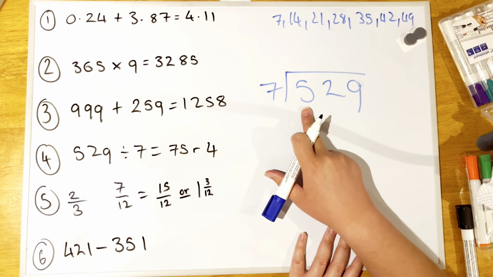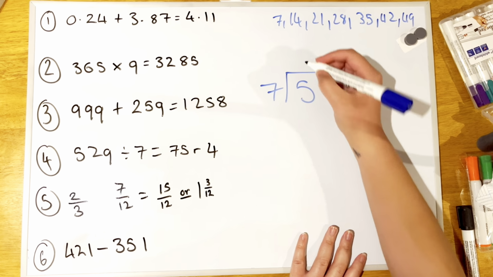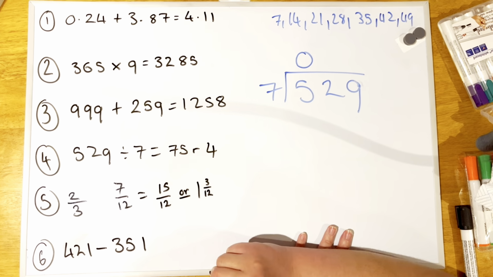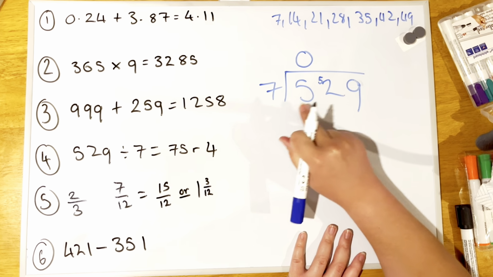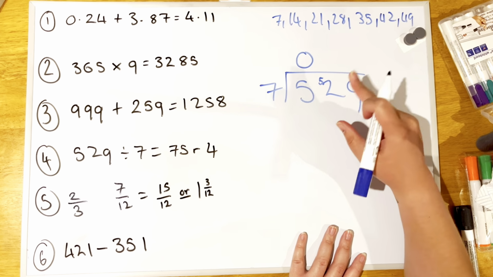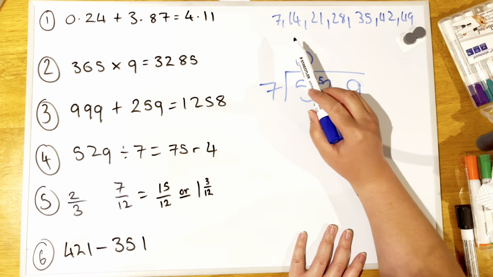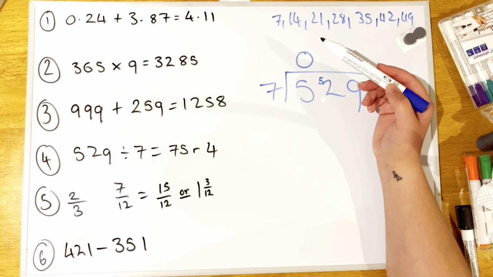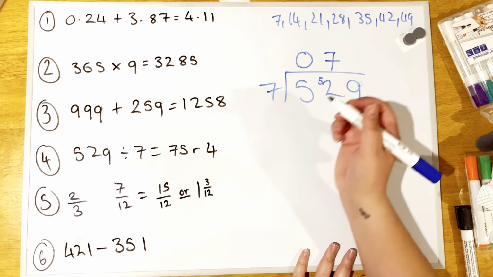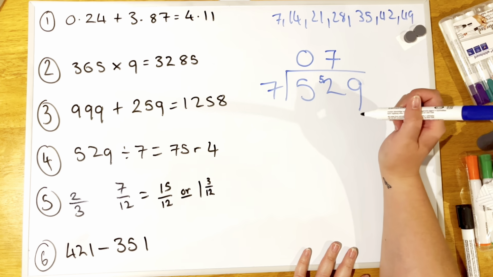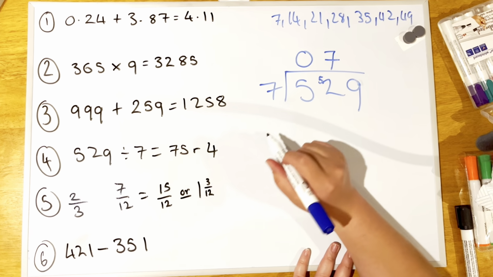So how many 7s go into 5? Well, none. So we put a 0 there, and we can't just forget about it, we carry it over. How many 7s go into 52? Well, we've got to count up. We know that it can go in 7 times. There we go. We put our 7. But did we land exactly on 52? No, we didn't.